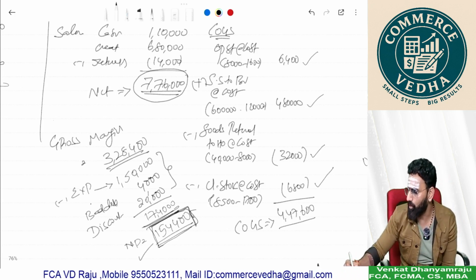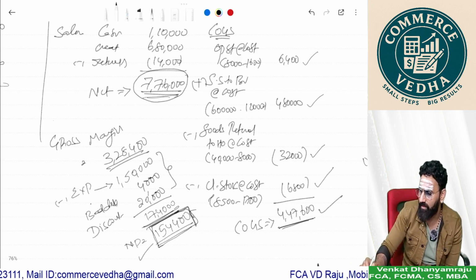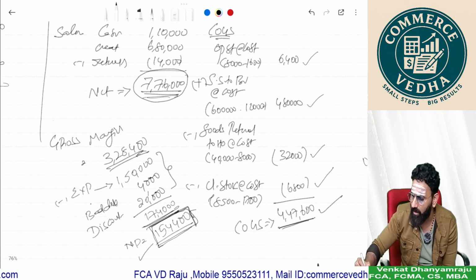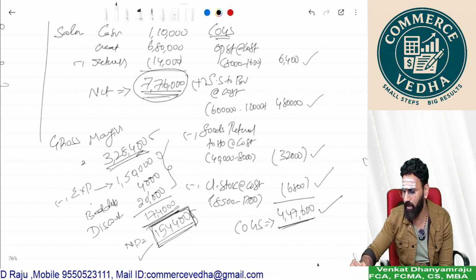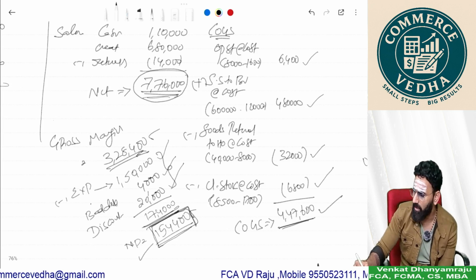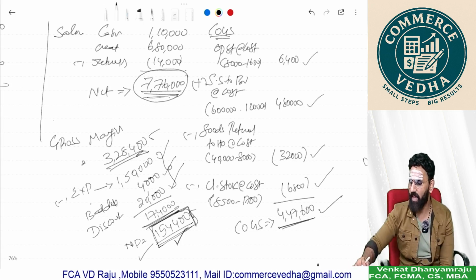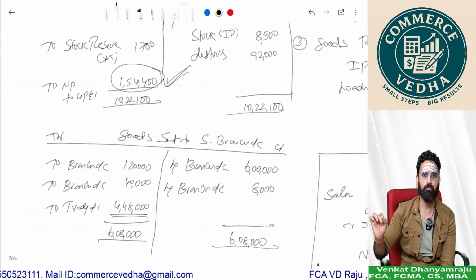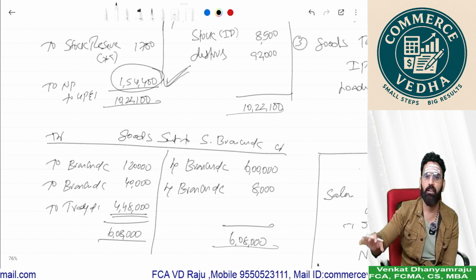So the COGS is 447 and net sales is 776. The difference, 3,28,400, is my gross margin. From that my expenditure of 1,50,000 regular expense, bad debt 4,000, discount 20,000, leaves me a profit of 1,54,400, which exactly matches my final answer. So this is a simple technique to understand whether my answer is correct or not.